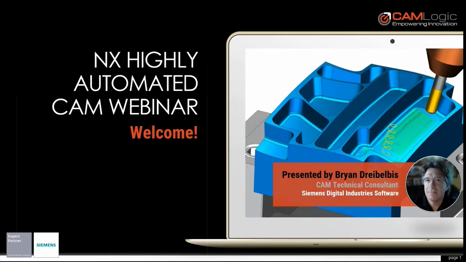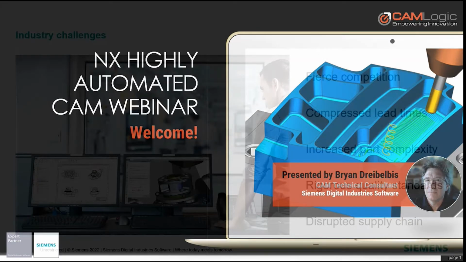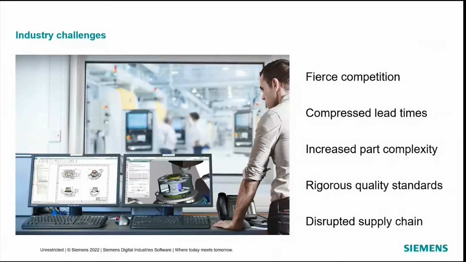Let's talk a little bit about automation. One of the things we see with automation is the challenges going on amongst all manufacturers, or really lots of businesses in general. There's lots of competition, and lead times get compressed to meet that competitive nature of the business.